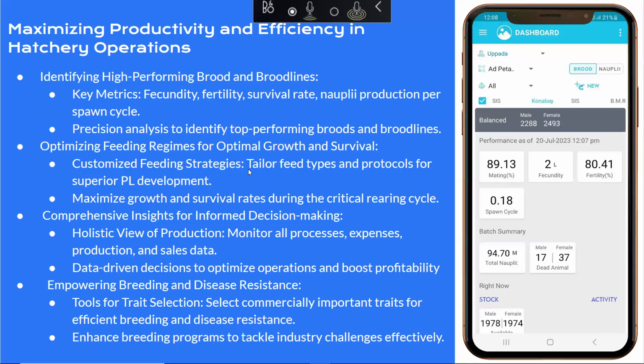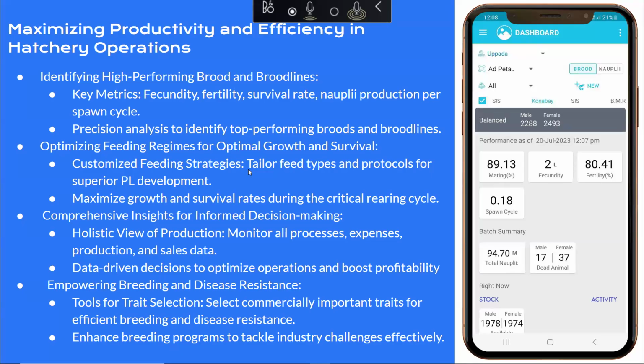So, by capturing various metrics like fertility, survival rate, production response cycle, and the precision analysis of various groups on these key metrics, we are able to identify which group is performing better in this hatchery. Performance here means production rate, low mortality.